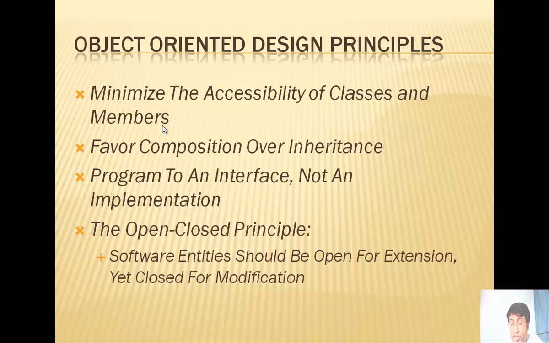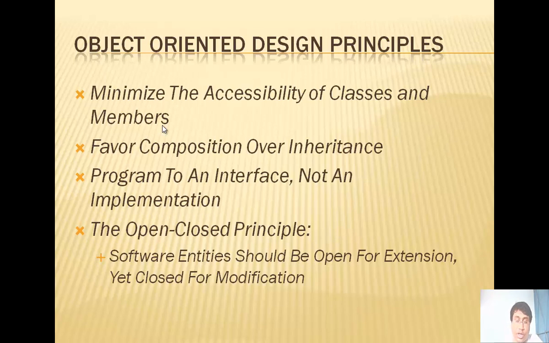Actually, by doing this, we ensure two of the basic object-oriented principles, abstraction and encapsulation. By providing this, we provide more abstraction and we encapsulate. And I think by providing abstraction, we help the programmer handle the complexity easily.